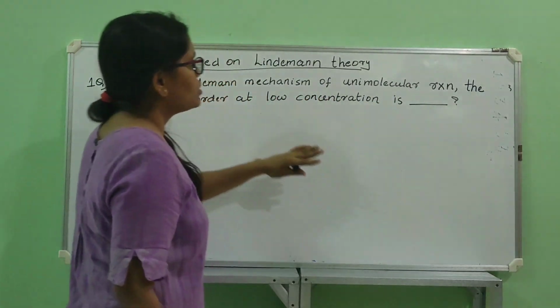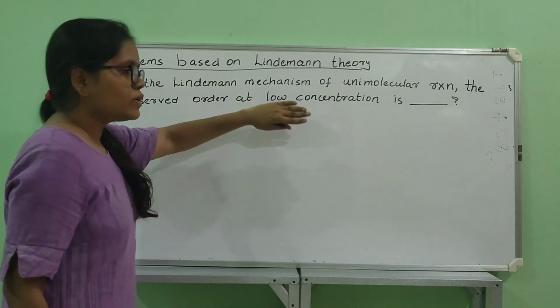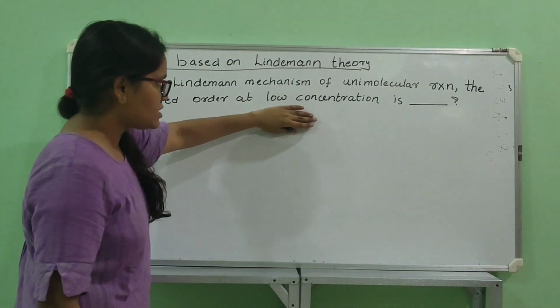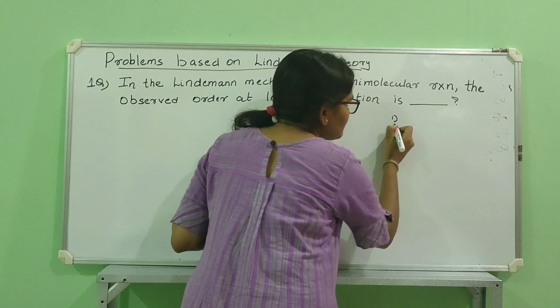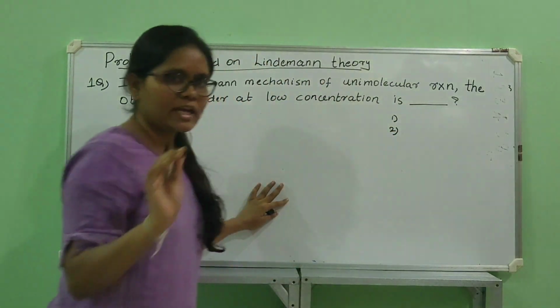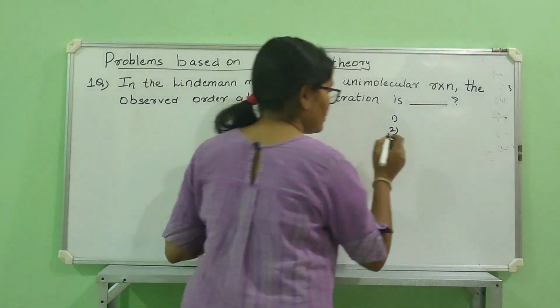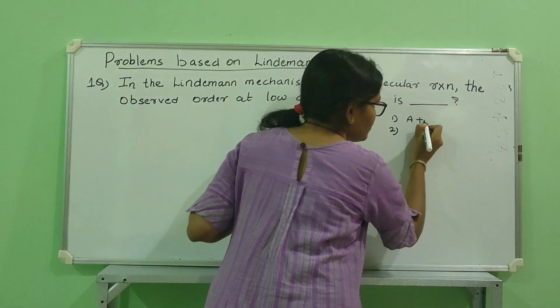concentration is. So they are asking about the order of the unimolecular reaction at low concentration. We know that Lindemann gave two steps to explain the mechanism of gaseous reactions which we have already discussed in the theory portion.